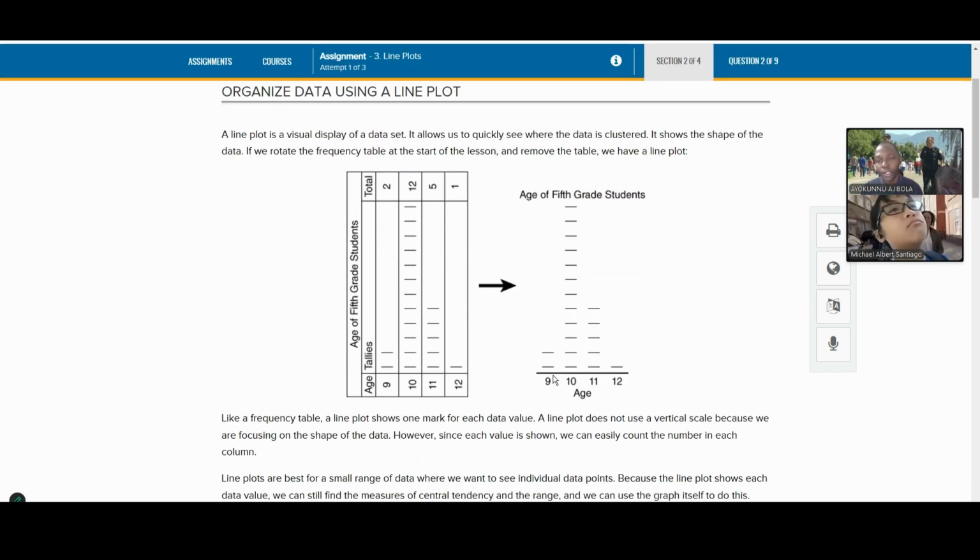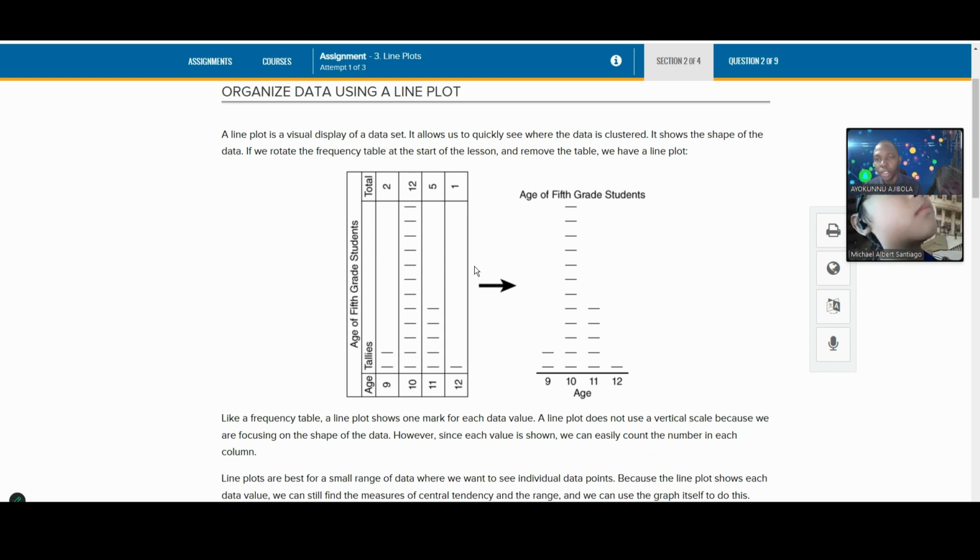A line plot is a visual display of a data set, okay? It allows us to quickly see where the data is clustered, that is where the numbers are many. Like on this table, you can see 10 is the most populated value there.